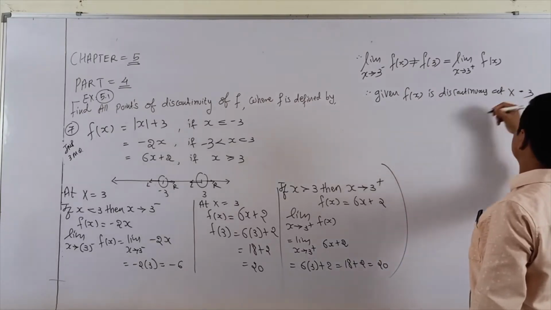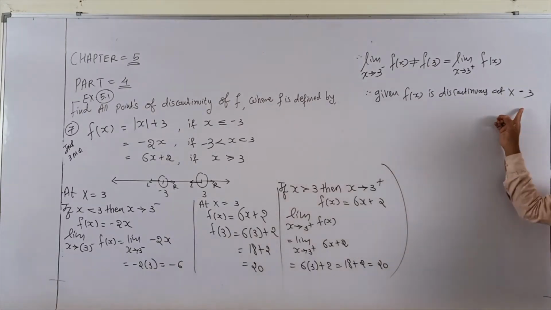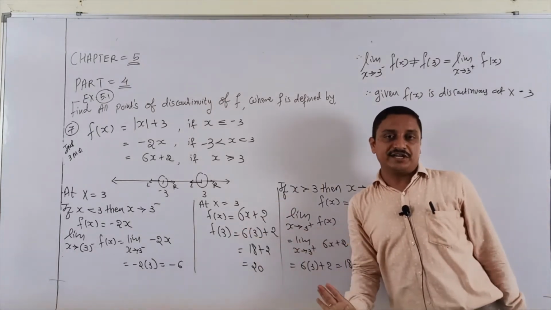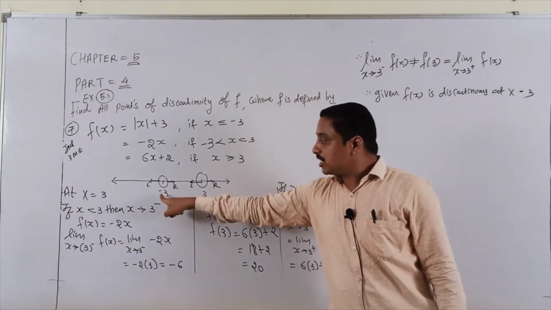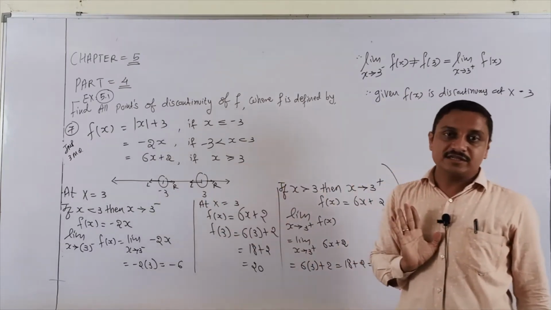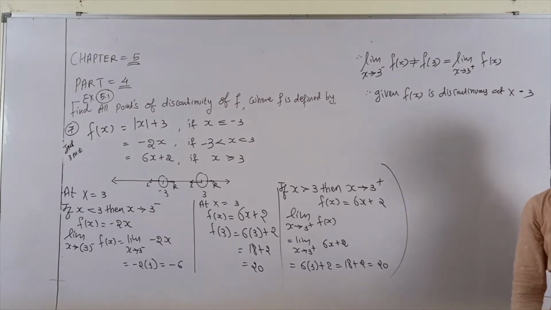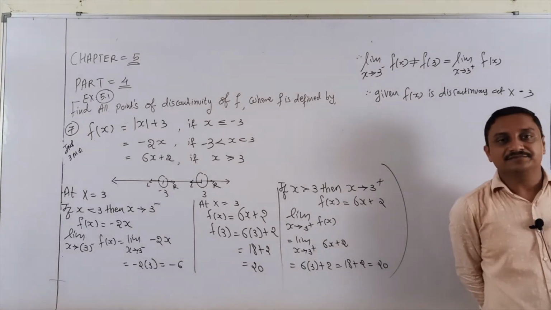At which place? Yes, at x is equal to 3. Students, here is another 1.5 marks ready, and previously I checked minus 3 for 1.5 marks. So finally we are done with totally 3 marks. This numerical is an exam oriented, important sum. Correct?